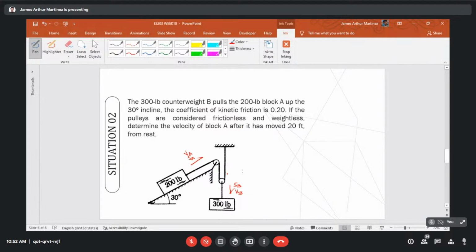What we will do first is expose the forces acting on the system. The 300-pound weight I will label as block B, and block A is the 200-pound weight. So the weight of block B is 300 pounds, and the weight of block A is 200 pounds.